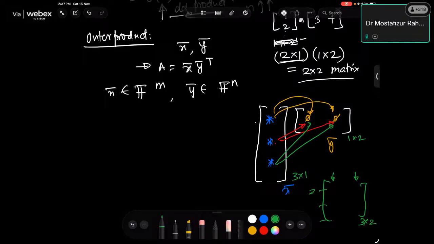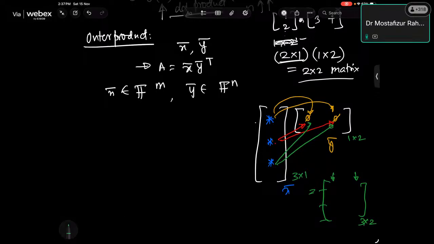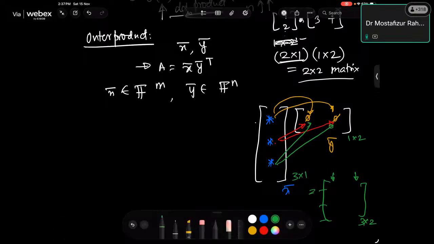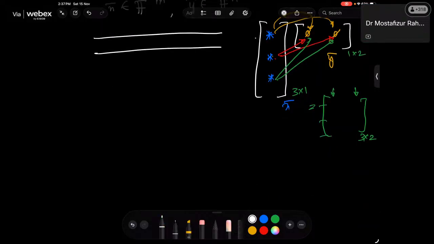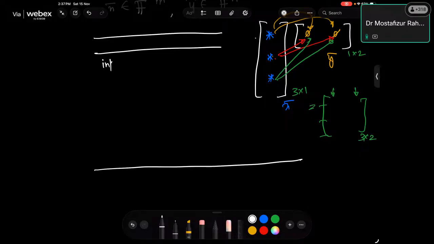So how many times do I have to iterate? There are two for loops. If I write the algorithm like this, the input of the algorithm is x bar and y bar, where x bar belongs to F^m and y bar belongs to F^n.